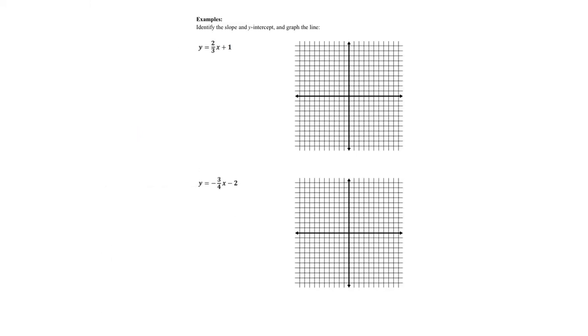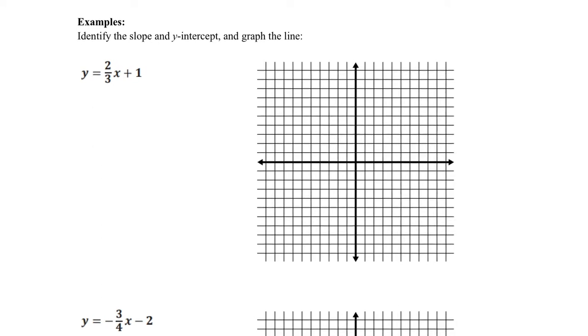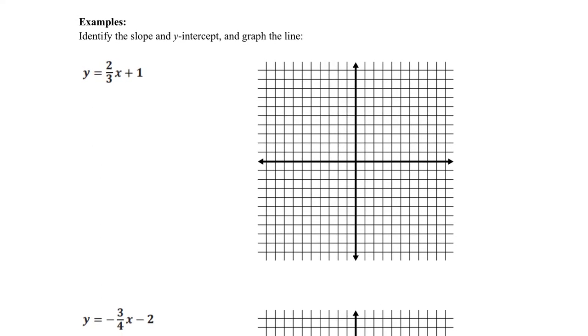Okay, so why do we care? Because now with this information, we can actually go ahead and graph these things. Here's how it works. The first thing we're going to do is identify both pieces: our slope and our y-intercept. In this first problem, our slope is the coefficient of x, so the slope is 2/3.